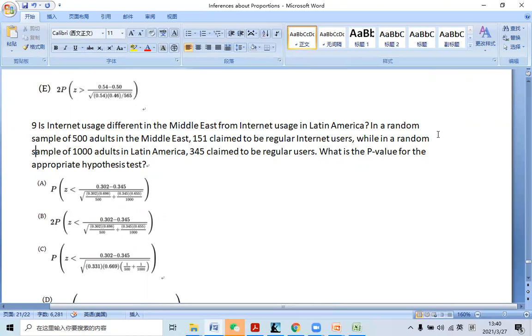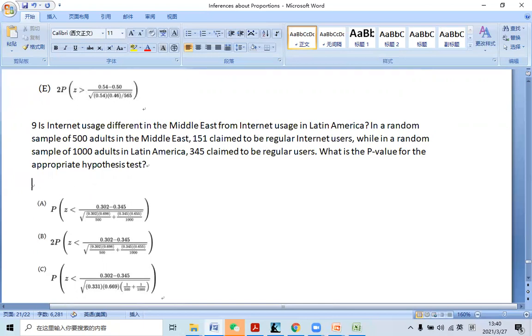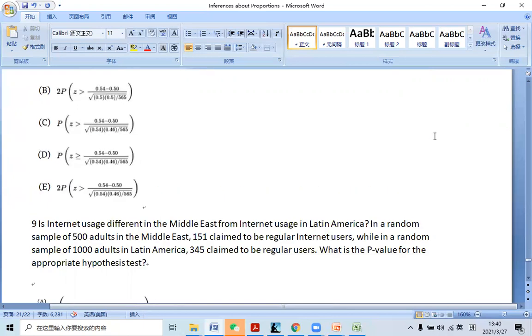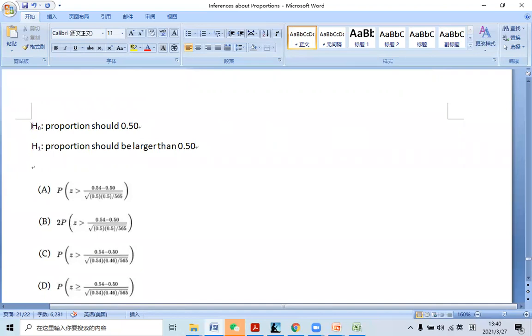Random sample of 1,000 adults in Latin America, 345 are regular users. What is the p-value? In this case, you look at the research hypothesis and null hypothesis.